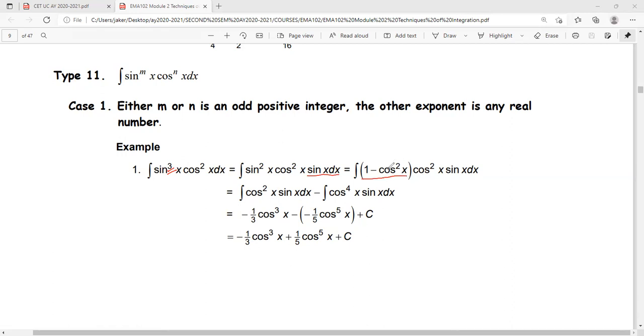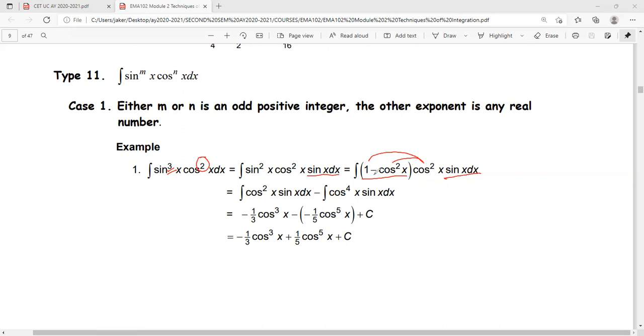After you have done that, multiply now or distribute the cosine squared x here, the function that is said to be raised to any real number exponent, and have it combined in the manner of multiplication to this identity, equivalent of the sine squared. So we multiply it, we distribute the cosine squared of x. The sine x dx, we don't do anything to it. Okay, we just simply set it aside.